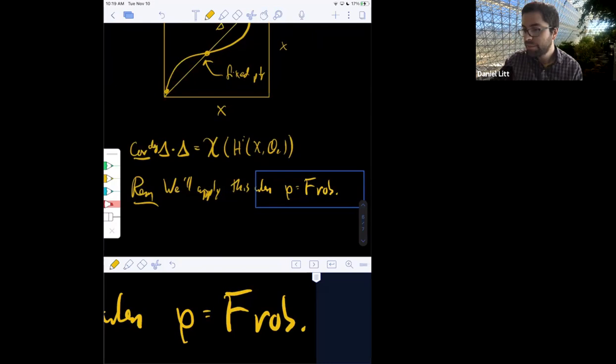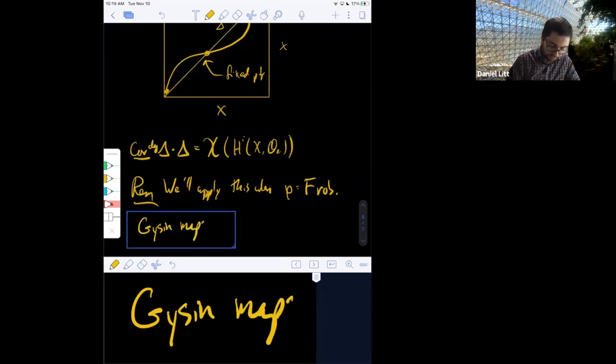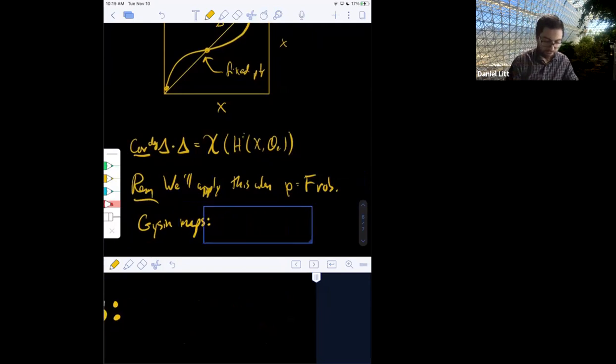Okay, so in order to sketch the proof of this, I need to tell you a little bit about Gysin maps. Let me remind you a little bit about the functoriality.